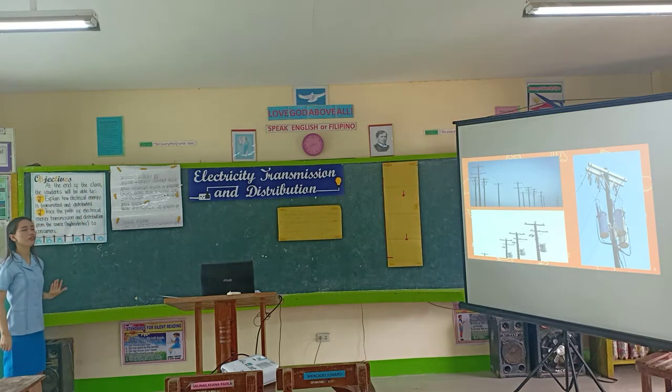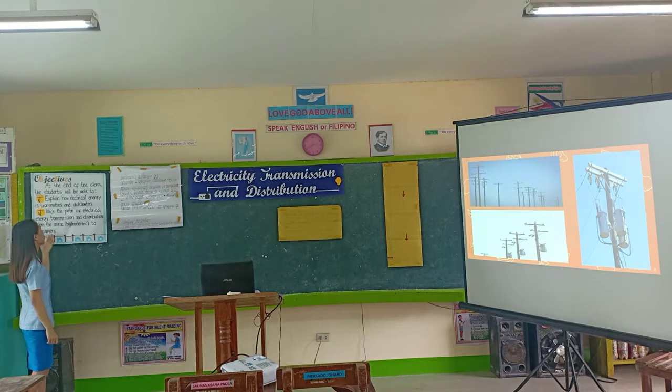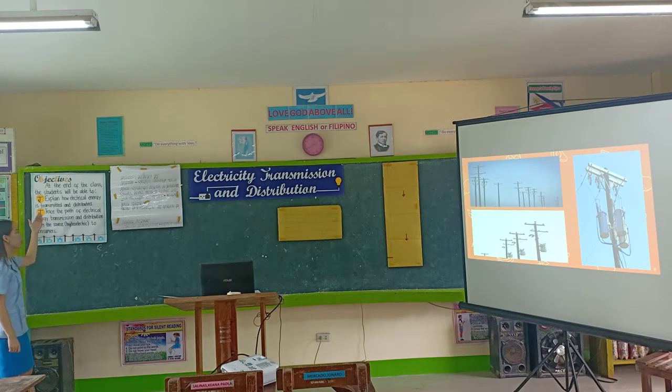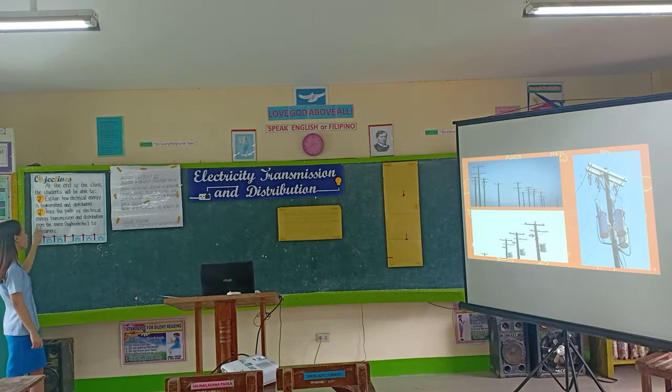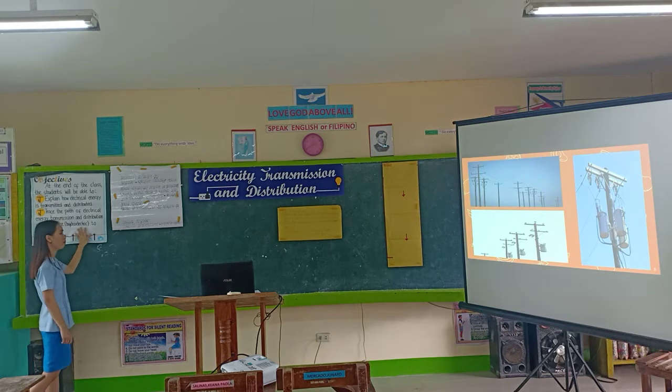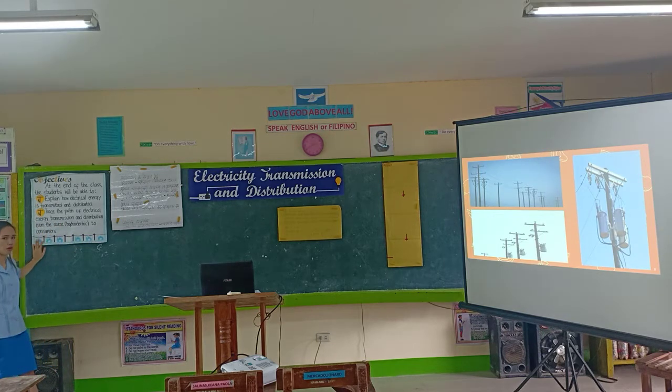For our objectives today, at the end of the class, the students will be able to explain how electrical energy is transmitted and distributed, and trace the path of electrical energy transmission and distribution from the source, which we choose to be a hydroelectric power plant, to consumers.